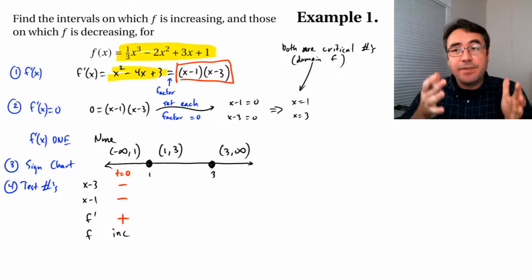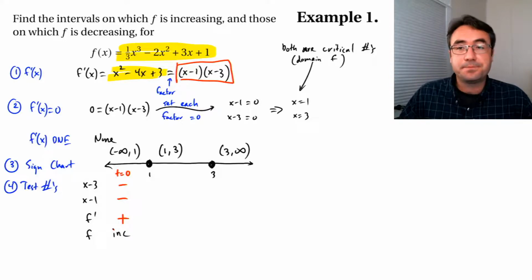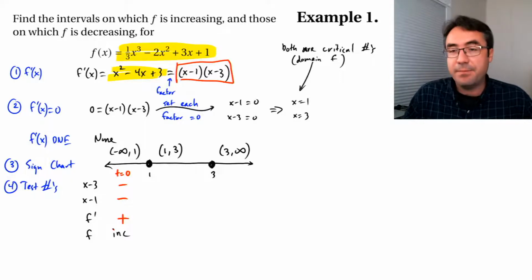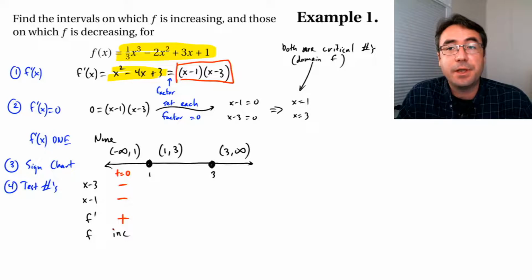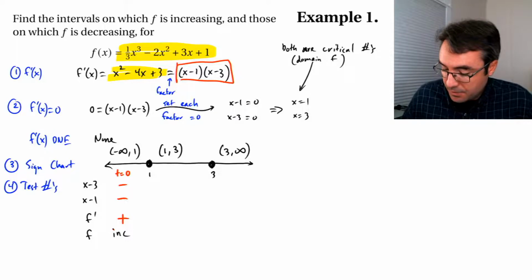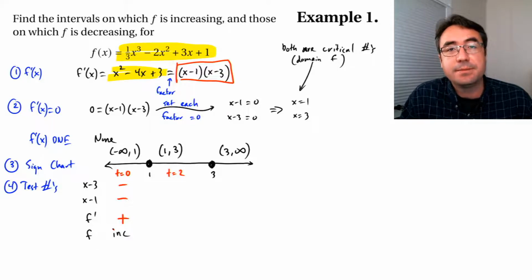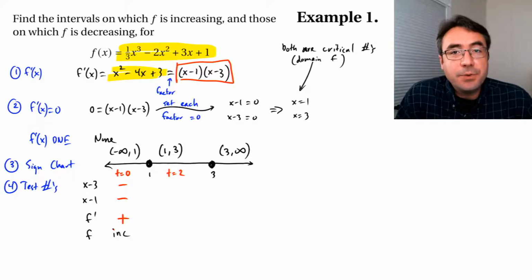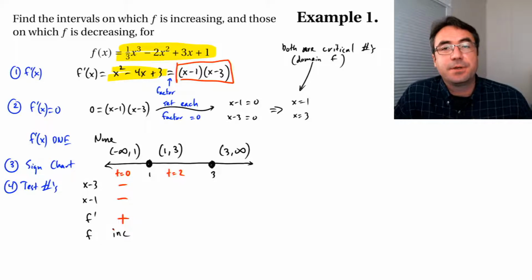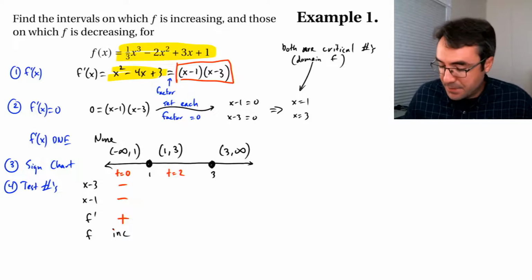And that's it. We just play the game for every single interval. So now let's go to that middle interval, the interval from 1 to 3. We want to pick a number that's in between 1 and 3. So let's pick 2. Try to keep it as simple as you can. Now we plug 2 into each of those factors. So going into the first factor, we get 2 minus 3.